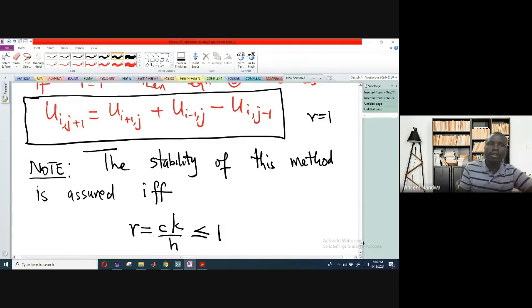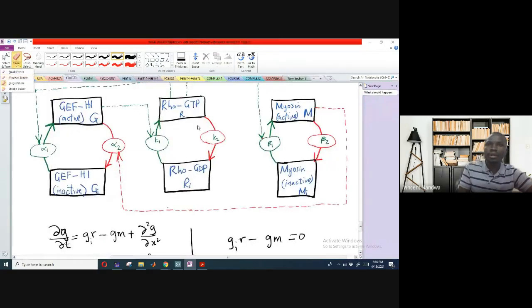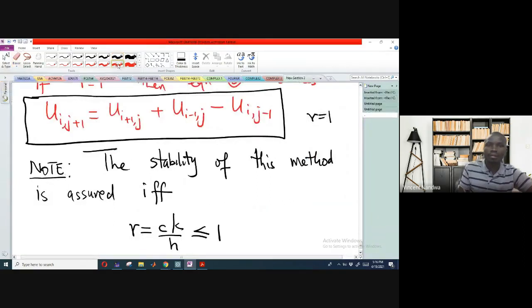If r is more than 1, then the method doesn't give the correct solution, and therefore will not give a better approximation to the solution.